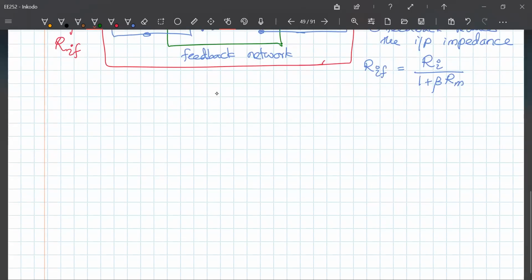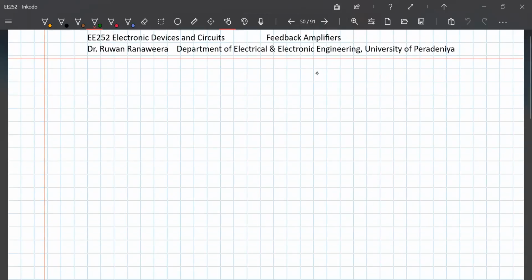Now the fourth network, let me go to the next page, enough space. Fourth one is shunt series. In other words, this is a current amplifier.